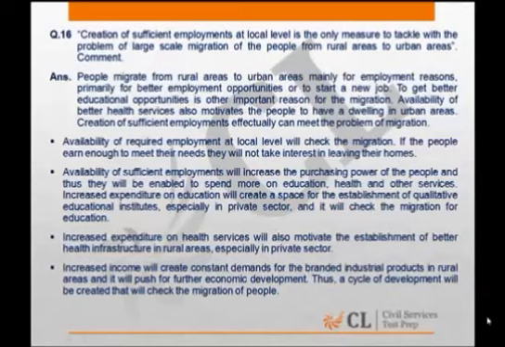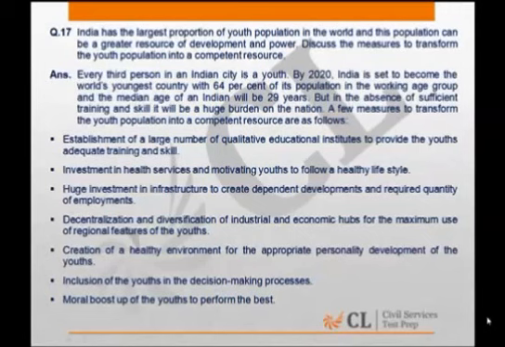The Ministry of Rural Development and Panchayati Raj is doing lots of schemes in this way, but here the problem lies, and the core of this problem is the unavailability of employment.